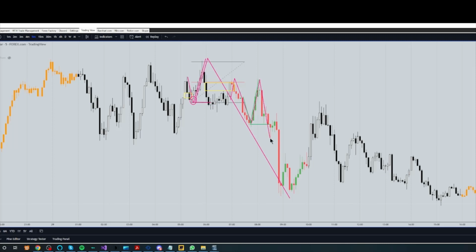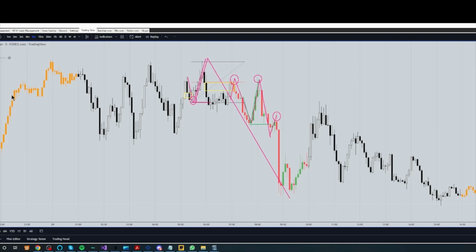And we form a new low just by here. And as price comes back up on this high, we can actually get in as it goes past the breaker. So we have the potential here for one trade, two trades, and three trades.